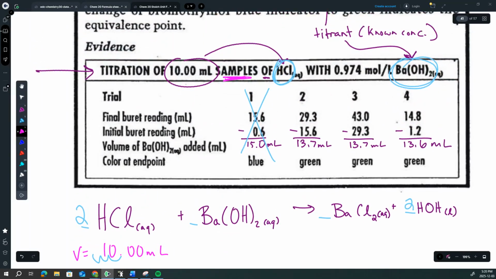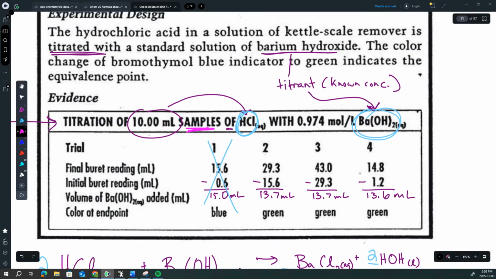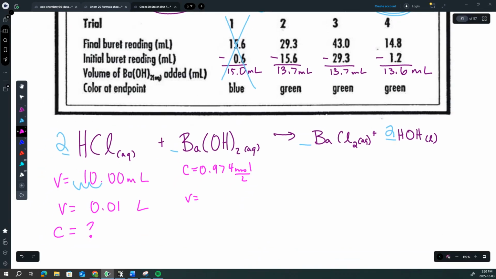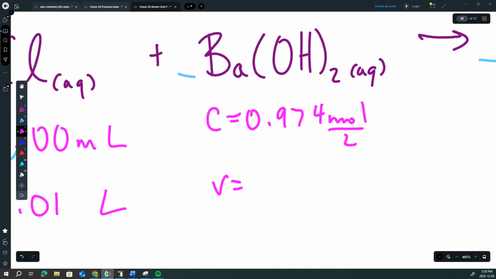Barium hydroxide: we know the concentration of it because that's our standard solution. So let's write that out. Concentration 0.974 mole per liter. And with our volume, this is where we're going to find the average of the 3 trials that we are accepting because they're within plus or minus 0.2 milliliters.